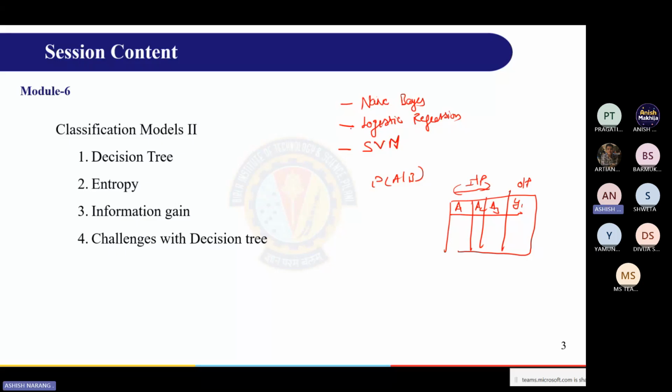So given that these are the values, what is the probability of this y variable being yes or no, right? So we calculate probability of y being yes, probability of y being no. Whichever is higher probability, we say that is the predicted class, right?